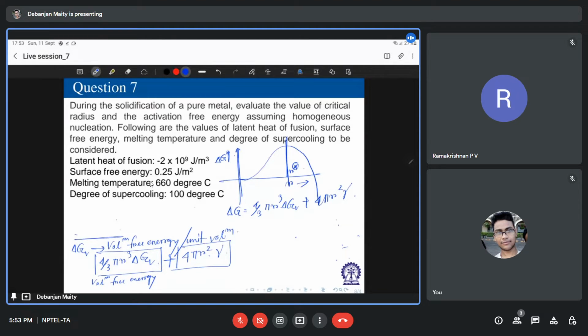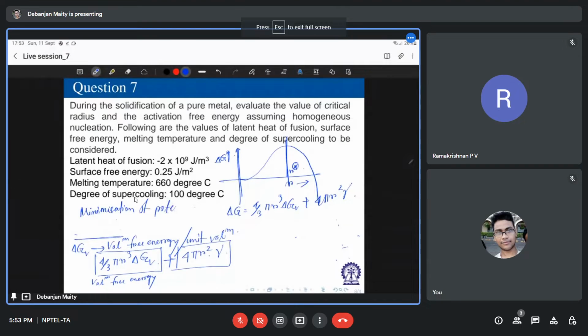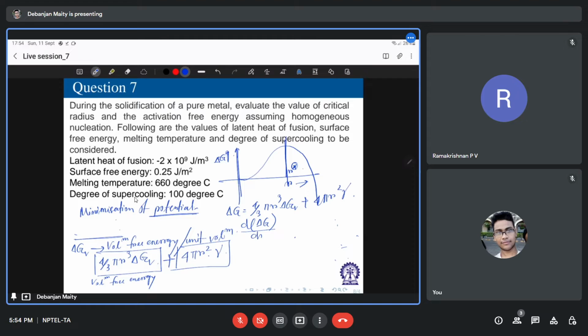So to find out, it's called minimization of potential. This is your energy term. So if you differentiate with respect to r, and then you do some math, what will be the critical radius?